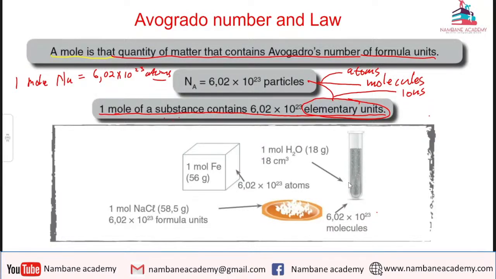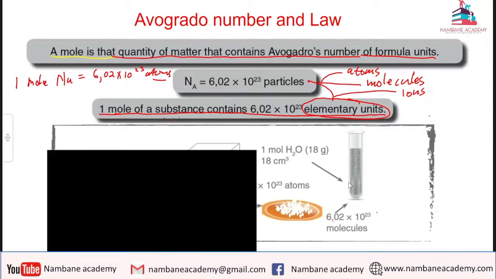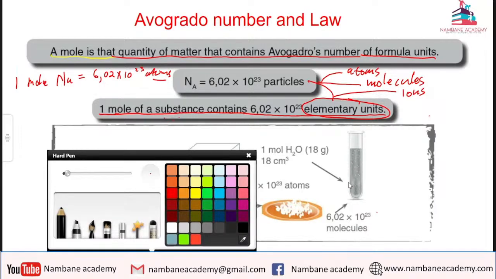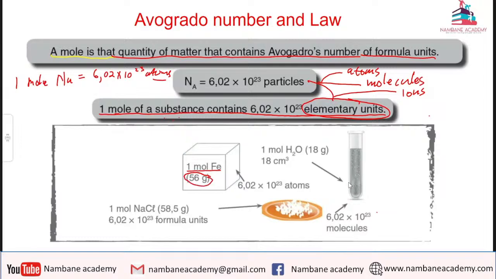Hence, when we look at this diagram here, 1 mole of iron, from the definition of 1 mole, will have 56 grams as mass, but it will have 6,02 multiplied by 10 to power 23 atoms.